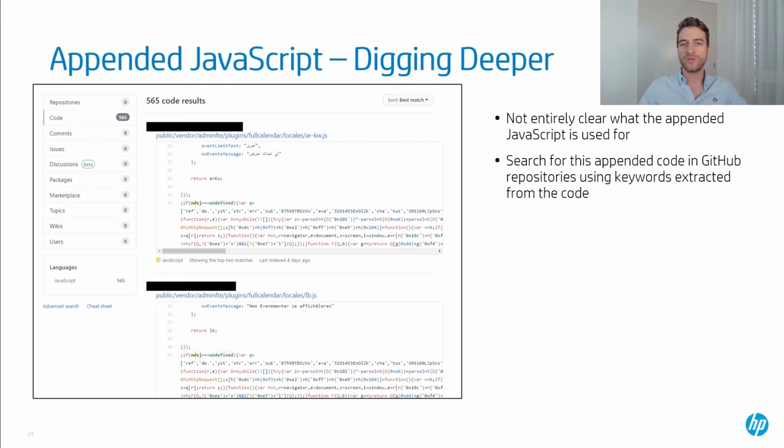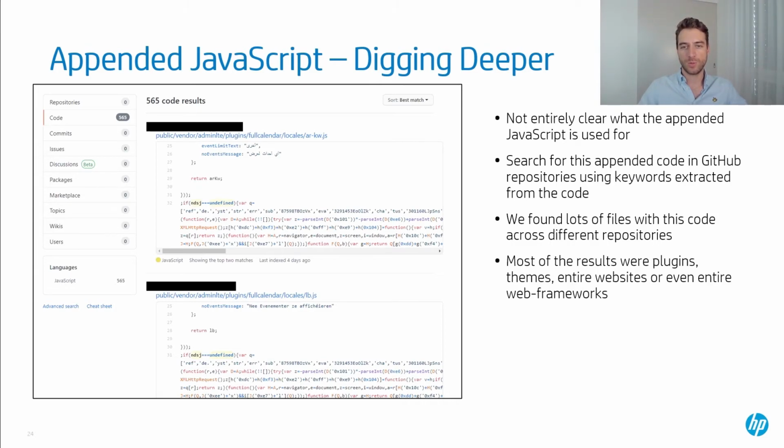To find more information about the appended script, we searched on GitHub using various keywords extracted from the code. The result was very interesting, as we found a lot of files containing similar appended code across various different repositories. Most of the results were plugins, themes, web frameworks, or entire websites which were uploaded.